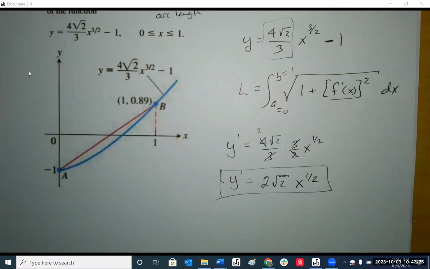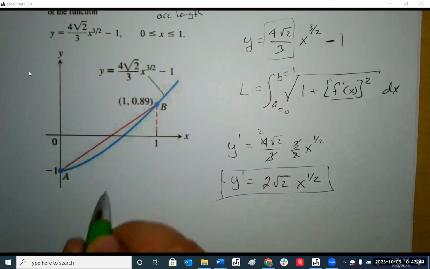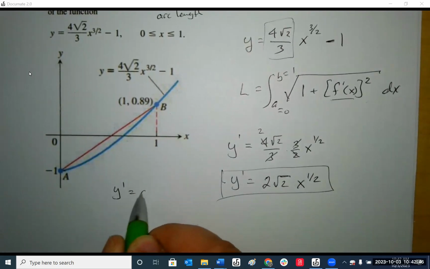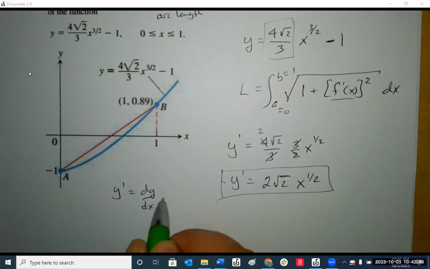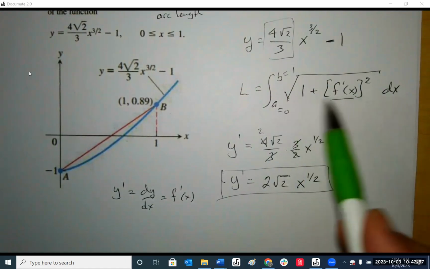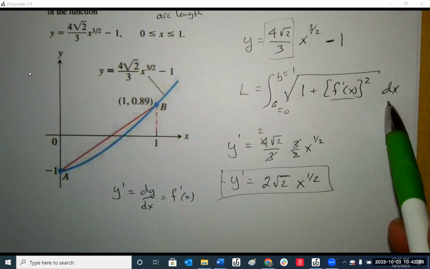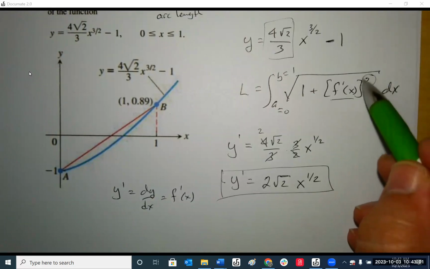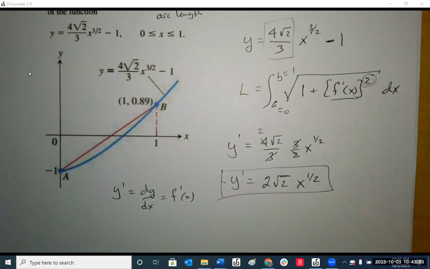What else do we need to do? Plug it in this equation. Because remember, y prime, dy/dx, is the same thing as f prime. What do we need now in this equation? We need to square this.